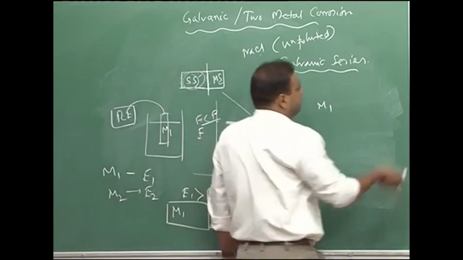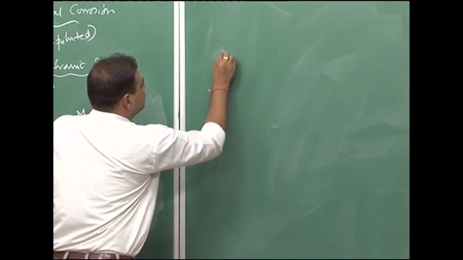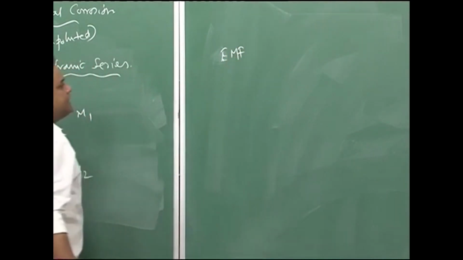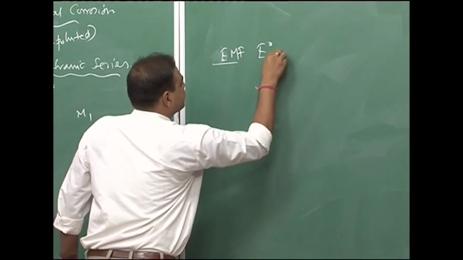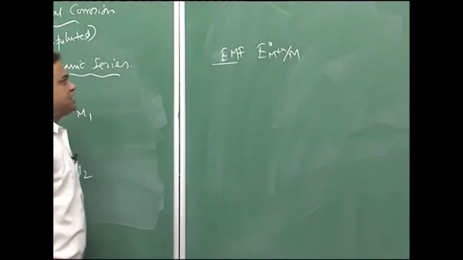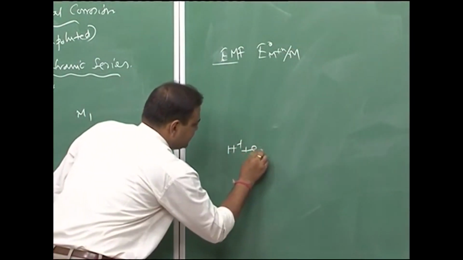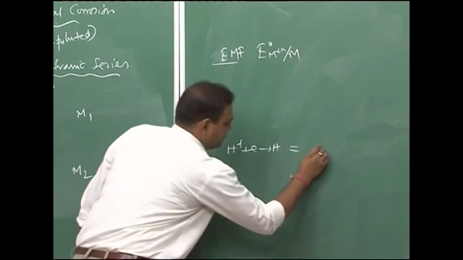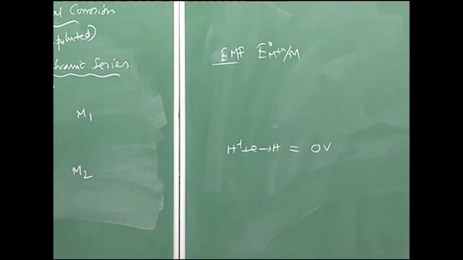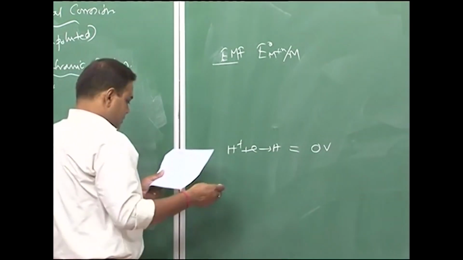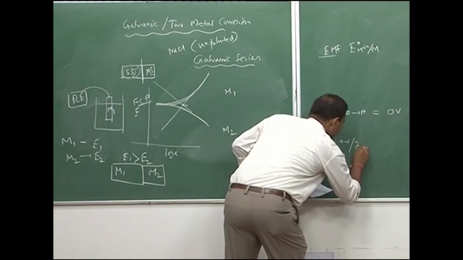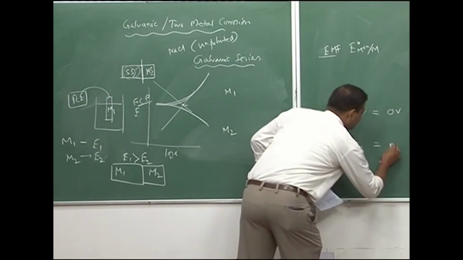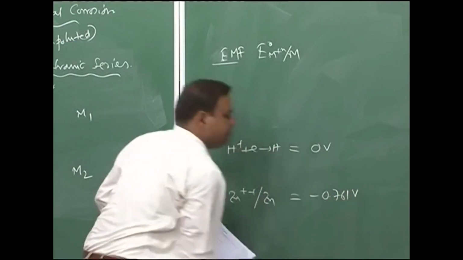Let us say we have the reduction EMF series, or electromotive force series, and we consider the reduction potential of M plus n electrons going to M. Then you will see that hydrogen plus electron has a potential of 0 volt with respect to the hydrogen reference electrode. And you can see that for zinc, the reduction potential would be minus 0.761 volt.